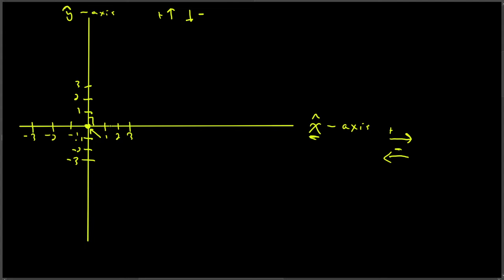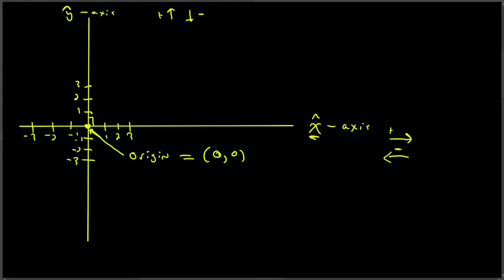And what this allows us to do is to represent numbers or equations in two variables graphically. And it creates pairs of numbers. So the origin, the starting point, has 0 for the x value and 0 for the y value.